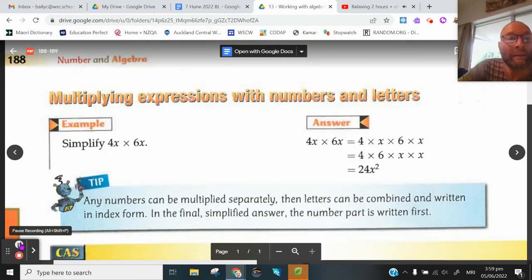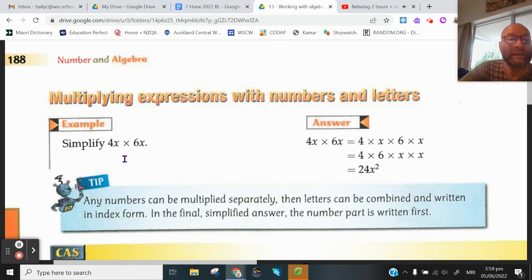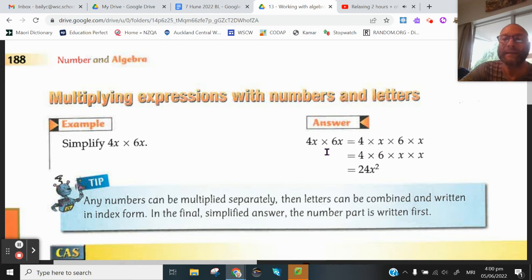All right, now we're going to be ready for multiplying expressions with numbers and letters. So if you wanted to simplify 4x times 6x, and please notice that the x is in italic. The multiplication symbol is a cross. We want to simplify that. We know that 4x means 4 times x, and 6x means 6 times x.